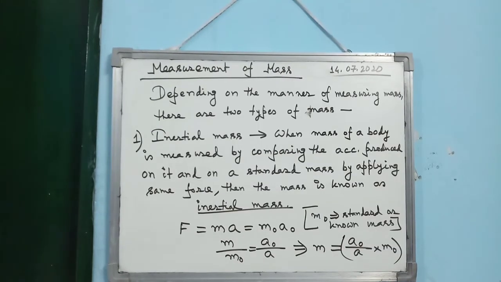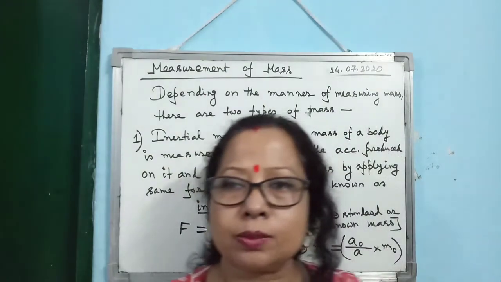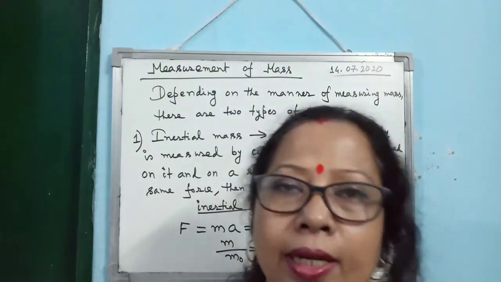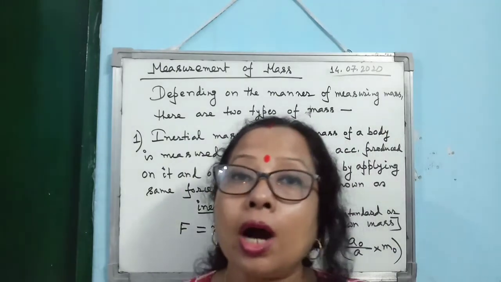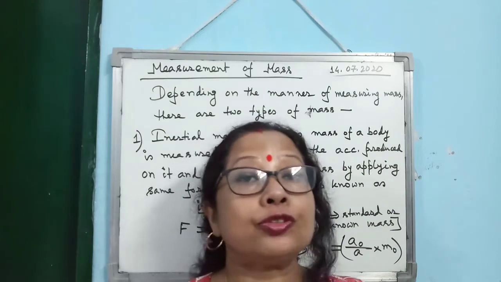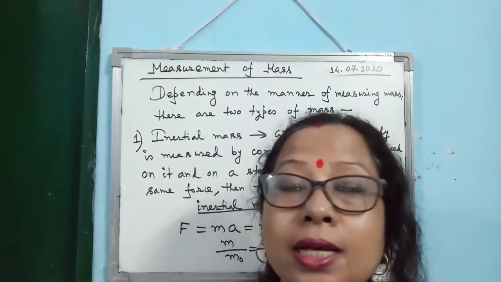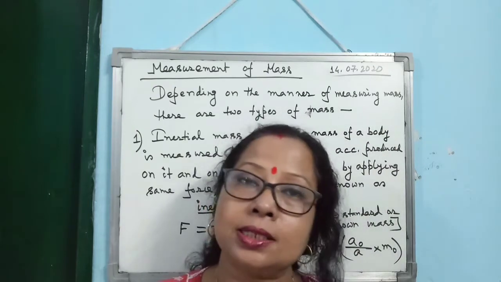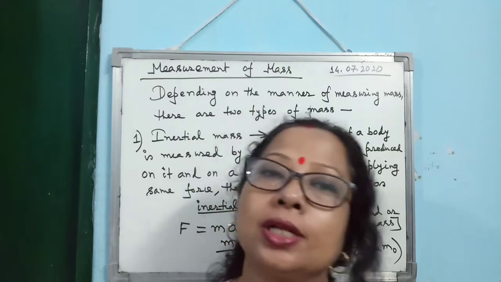Now the next topic is how to measure the mass of a body. Alright, you know what is mass? The amount of matter present in a body is known as mass. Now depending on which formula or concept we use to measure mass, we can classify mass into two types: inertial mass and gravitational mass.